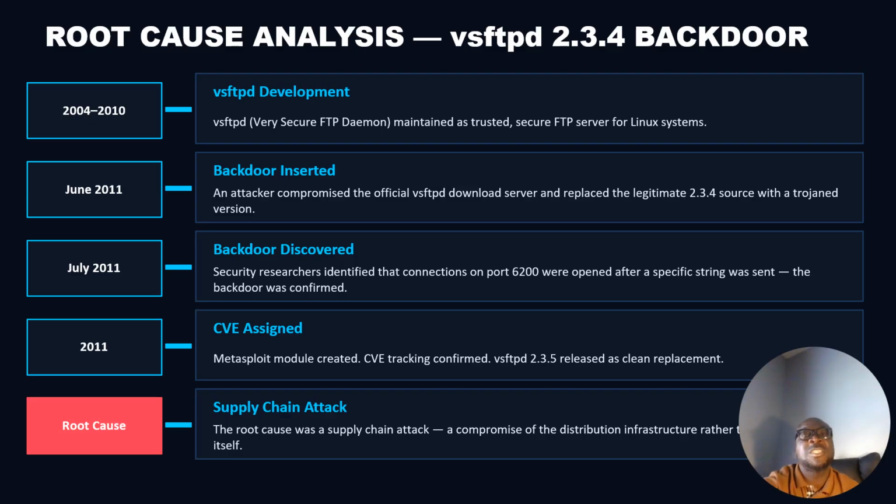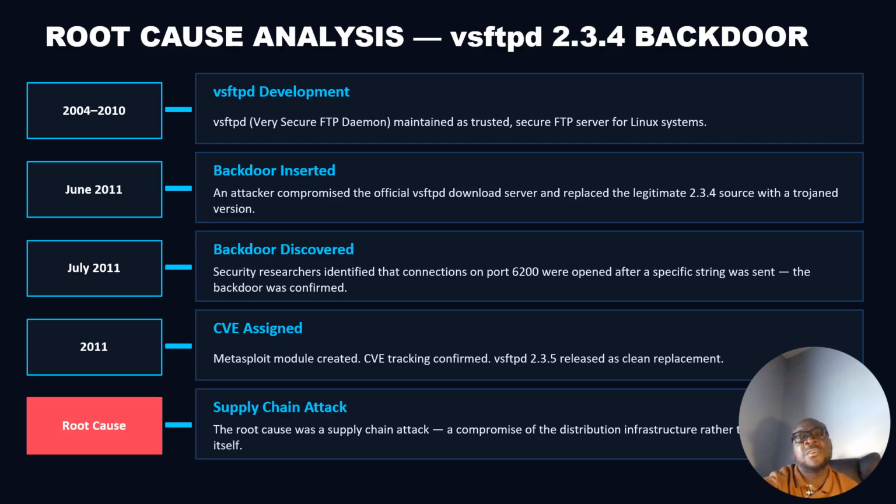The backdoor was subtle. It was triggered only when a username containing a smiley face colon-parenthesis sequence was submitted during authentication, after which the server opened a root shell on port 6200.